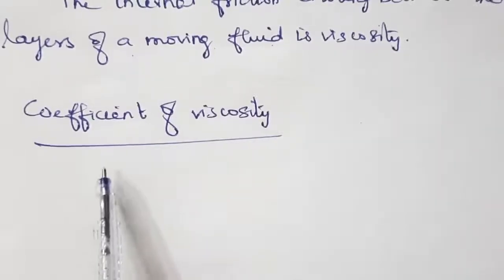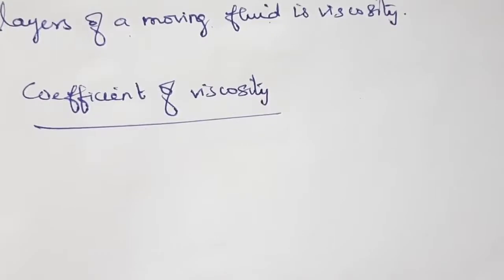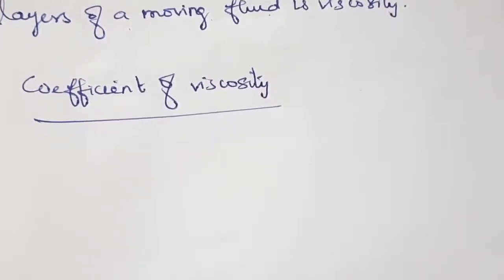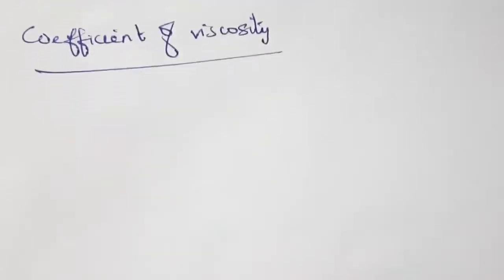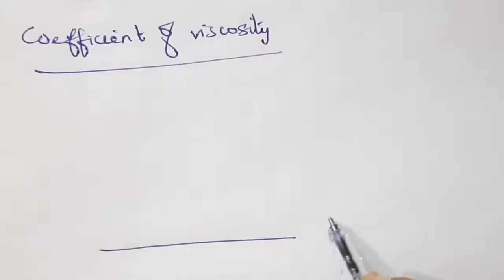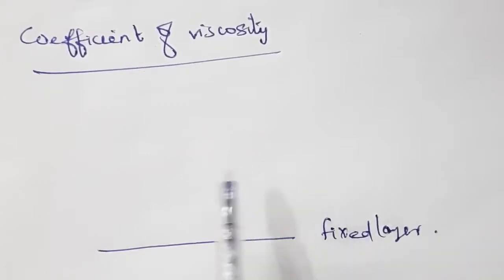The next one is coefficient of viscosity. So consider a liquid flow over a horizontal layer. This is considered a fixed layer, and two more layers we have to consider.